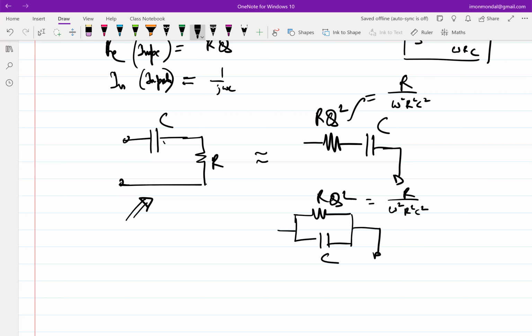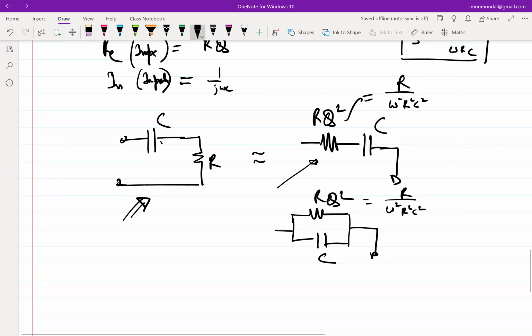So if R equal to 0, what do you see is happening here? What is the impedance looking in? 1 over j omega C. Sorry, no. If R equal to 0, what is the impedance looking in? Note that this guy goes to what? Infinite, right? So if R equal to 0, the impedance looking in becomes infinite.